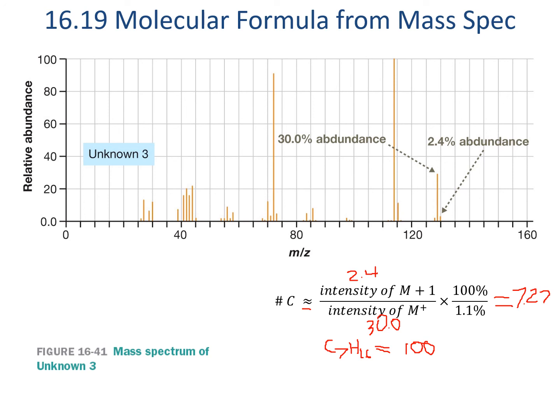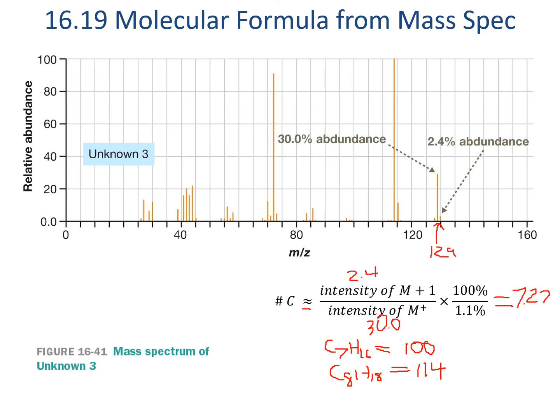So maybe we'd have something like C8H18. If we did that, we'd have another 14 mass units, 12 from the carbon and 2 from the additional hydrogens, and so we'd say that we have 114. That's still not actually enough to get to this M plus peak, which is 129.